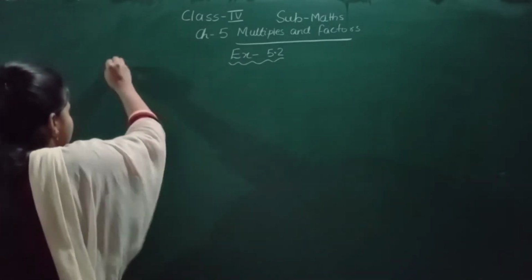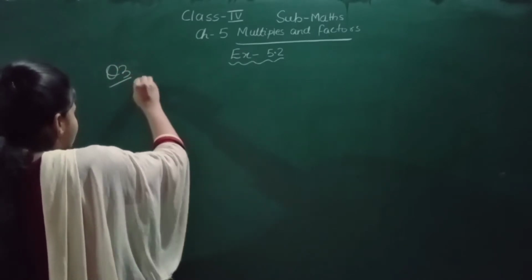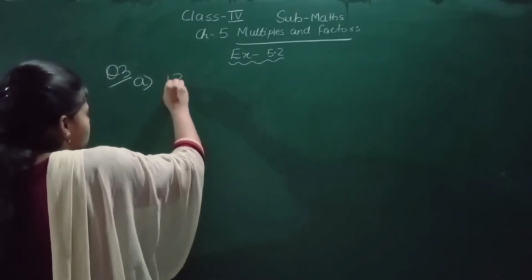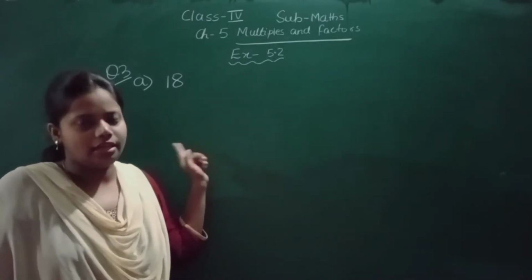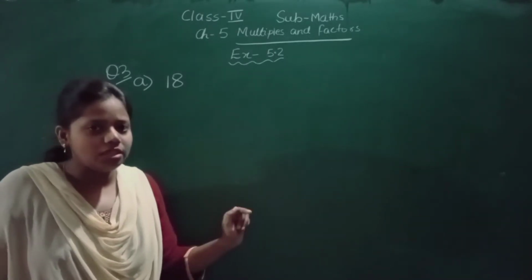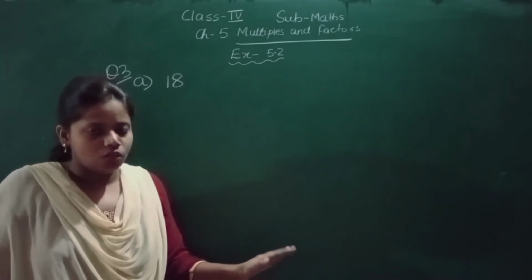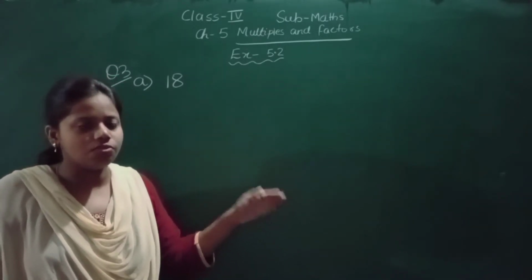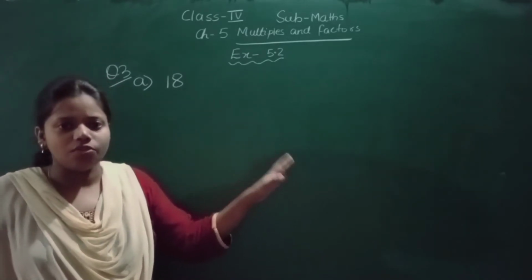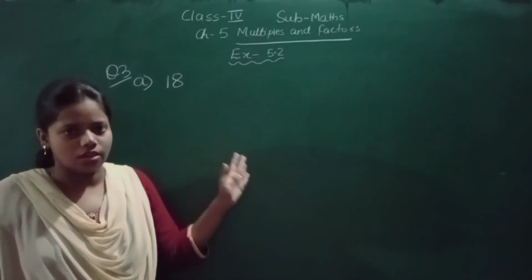Question number 3, A: we have to write 2 factors of 18. This means that we will write the table numbers in which this 18 comes.